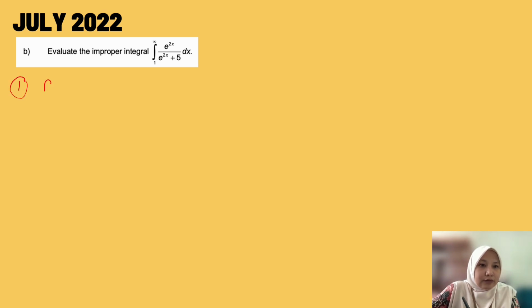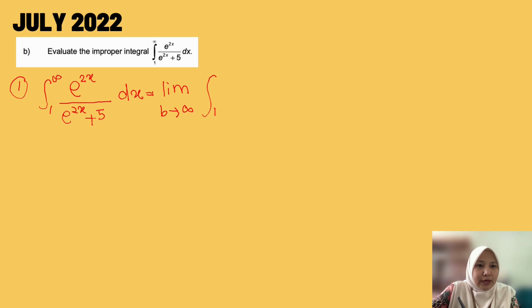Integration of 1 until infinity exponent 2x over exponent 2x plus 5 dx equals to limit of b approach to infinity from 1 until b exponent 2x over exponent 2x plus 5 dx.